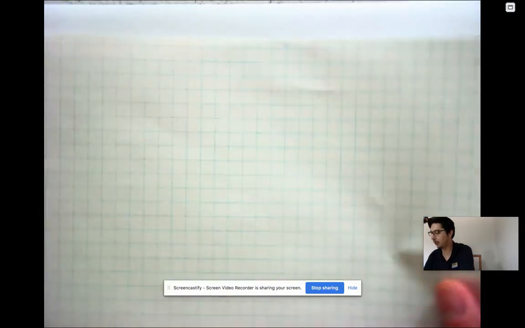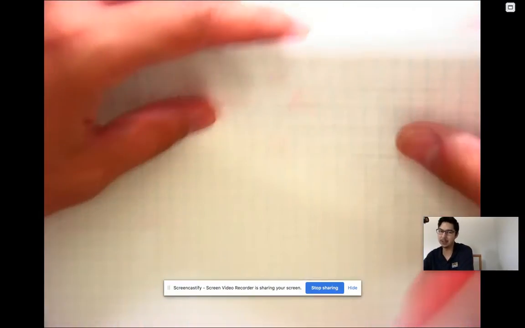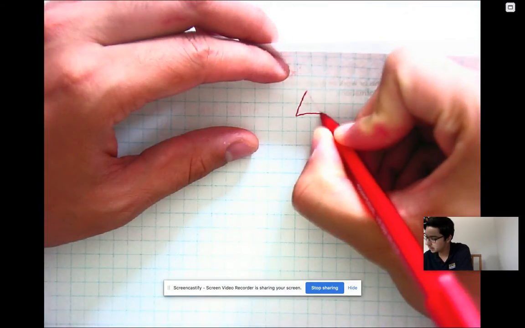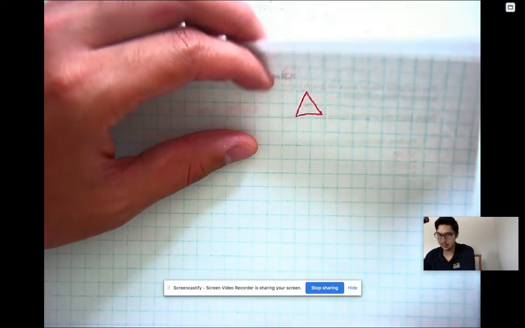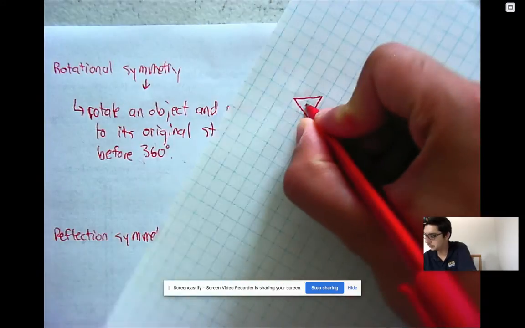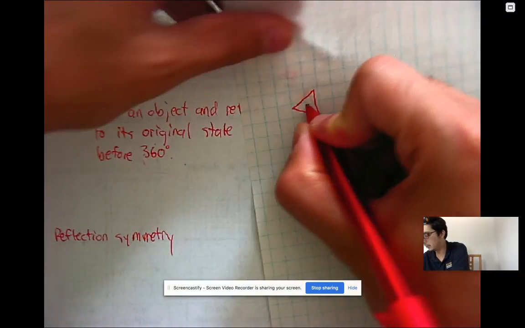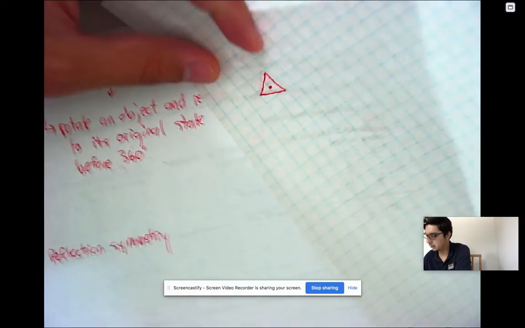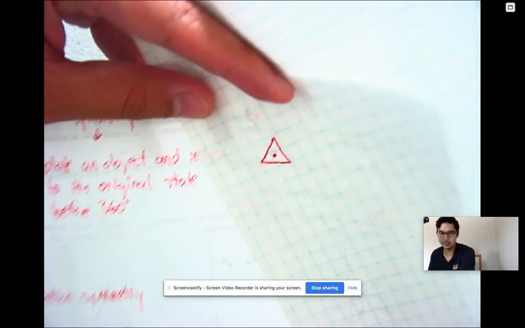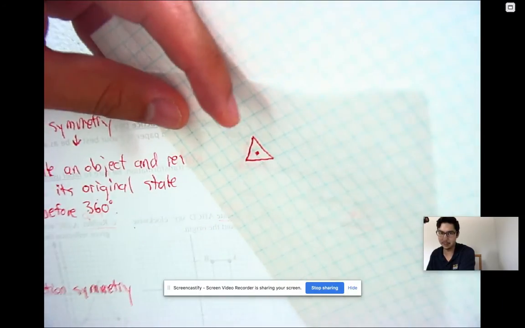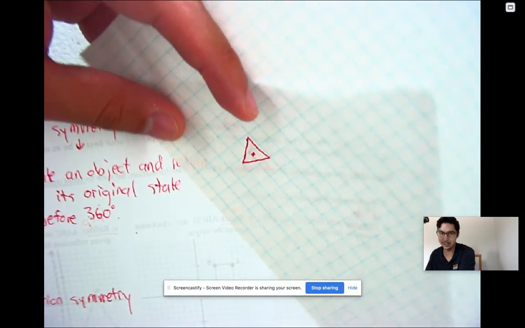I don't know if that helps you. So maybe if I use tracing paper, let's see, it's kind of hard to see in this lighting. So I drew my triangle, and I don't know if you can see it, they're on top of each other. But notice if I rotate this paper, I will be back on top, right there. I know it's hard to see. But you can see if I rotate just slightly, see how they're different.